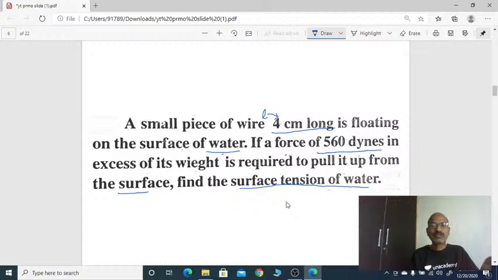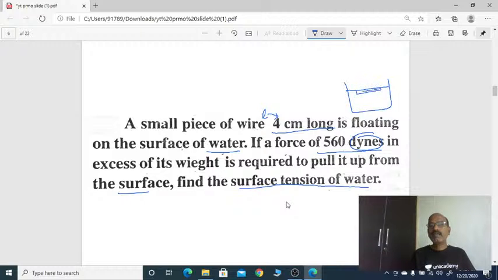See, a small piece of wire, 4 centimeter wire, is floating on the surface of water. A force of 560 dyne, CGS system, in excess of its weight is required to pull it up. Right?